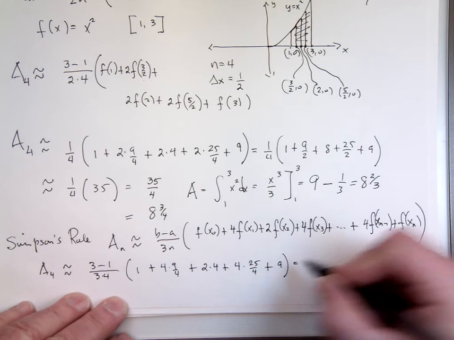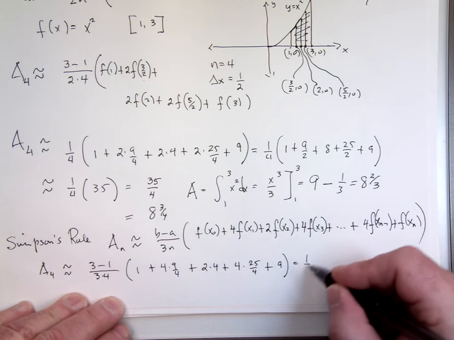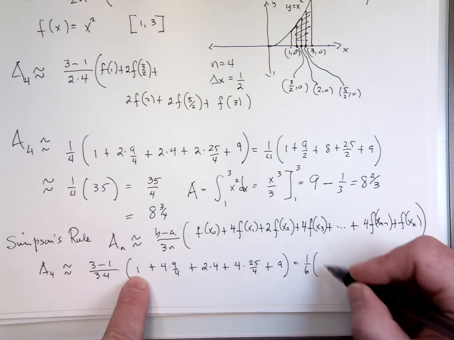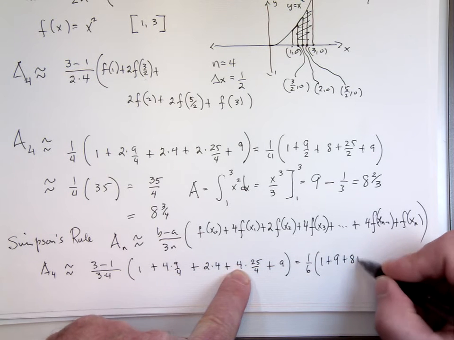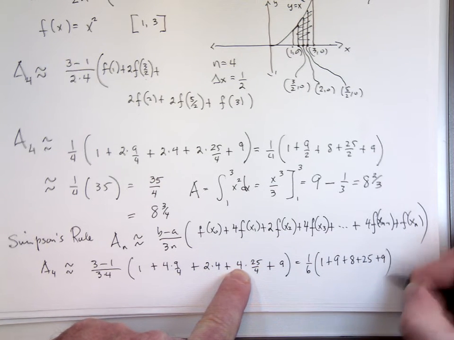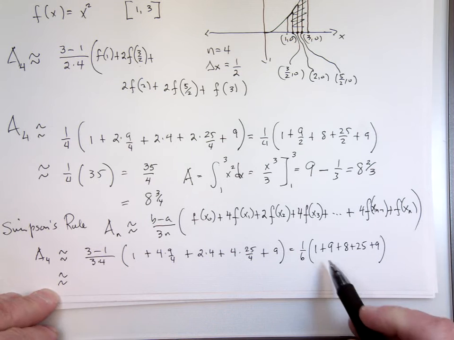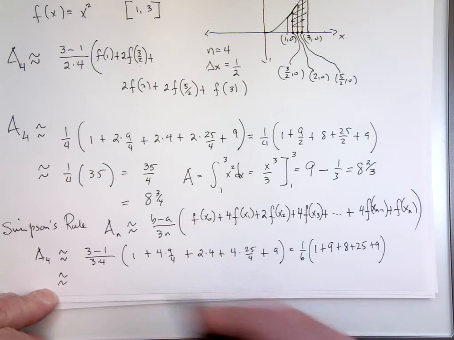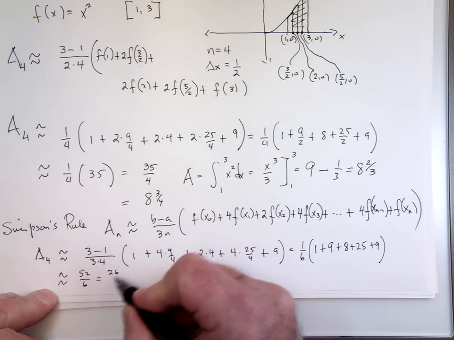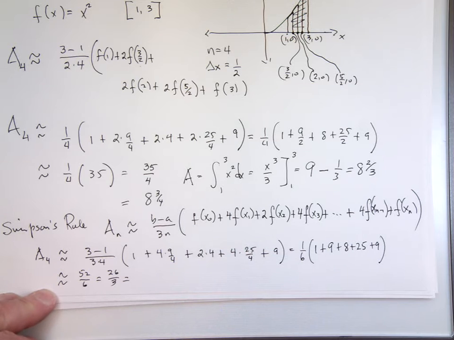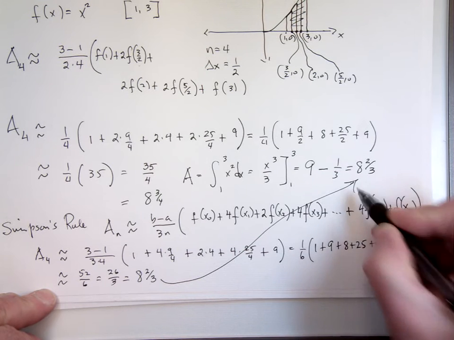3 minus 1 is 2. 2 over 12 is 1/6. We have 1 plus 9 plus 8 plus 25 plus 9, so the area is approximately 52 over 6, which is 26/3, which is 8 2/3, which I will point out is exactly what the exact area is.